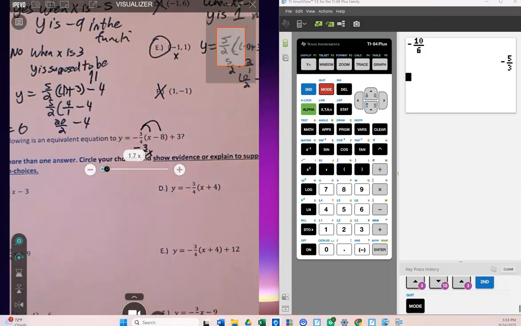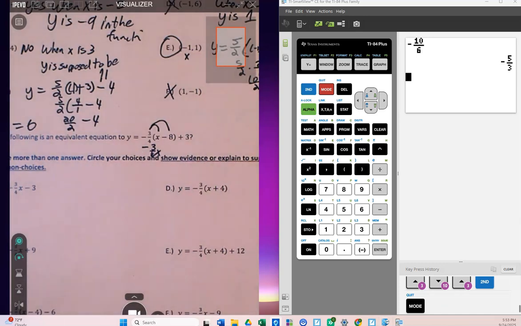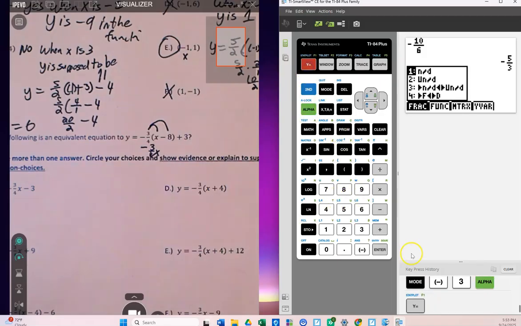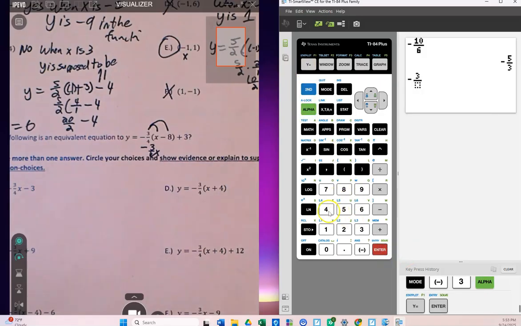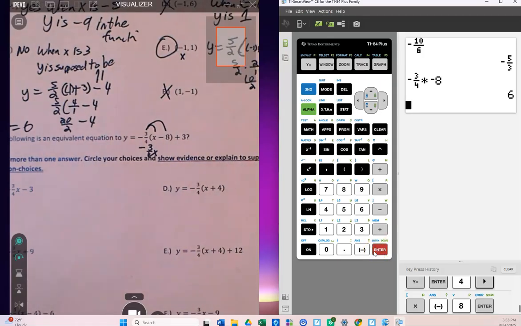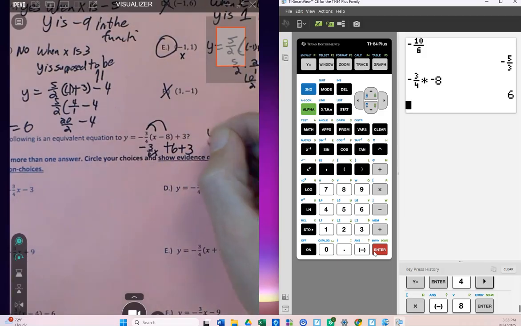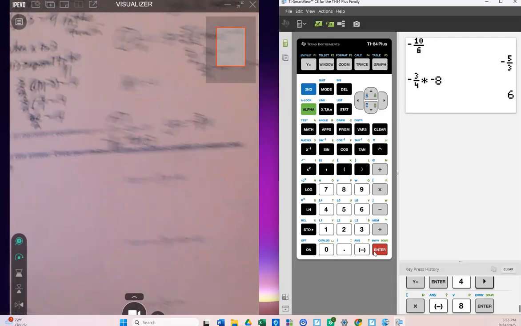Okay, I could use my calculator, negative 3, alpha y equals, enter 4, scoot to the right, times negative 8. 6. Okay, one last step. 6 plus 3 is 9.